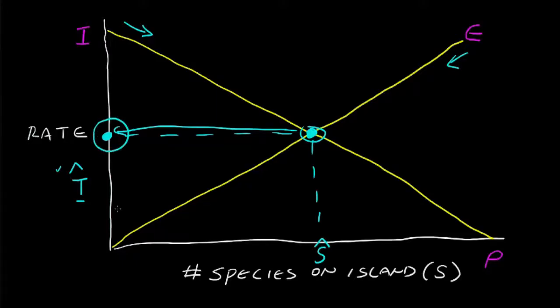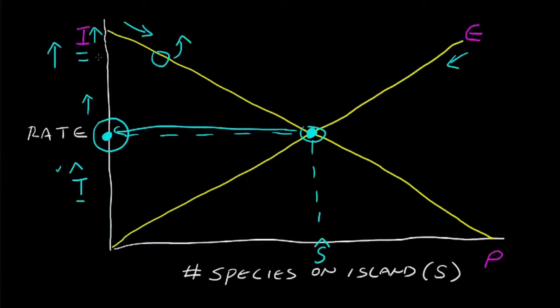An important point to recognize is that as immigration rates increase, if our maximum immigration rate increased, that will do what now to our T hat value? That will increase our T hat value, right? So imagine taking this line and pushing it upwards.